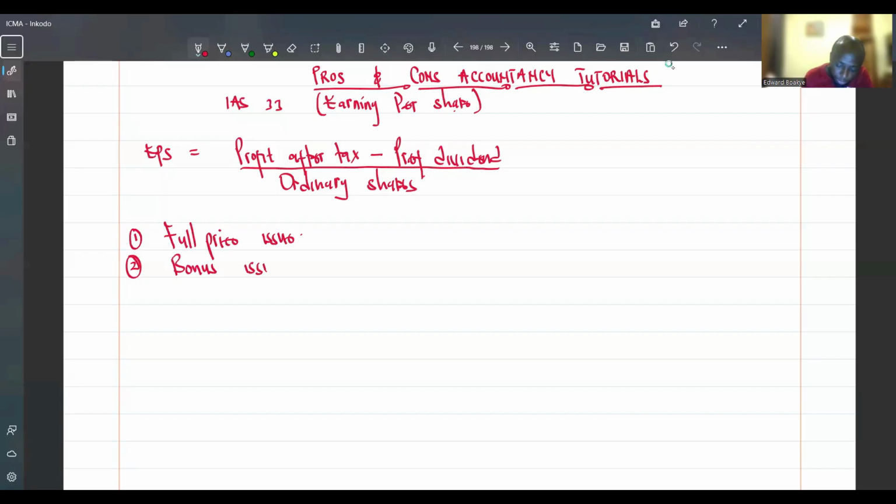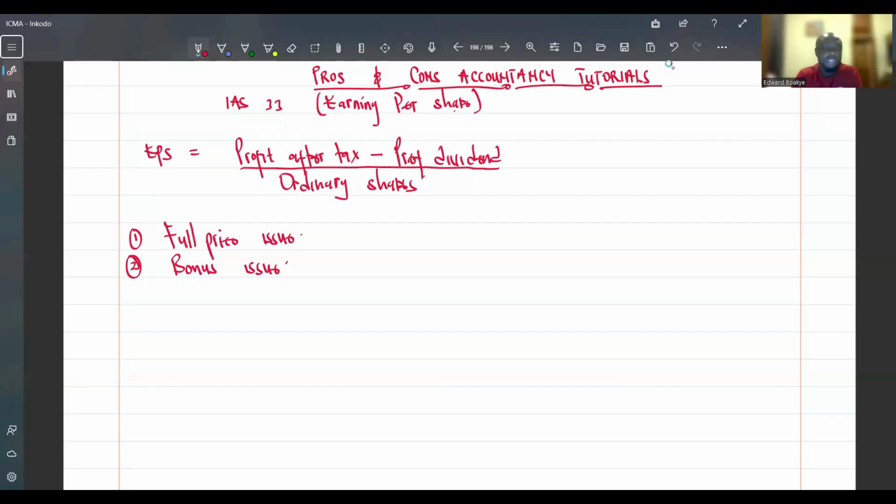Bonus issue. When we talk about bonus issue, we issue it out to our own staff. Let's say I have a company and I have a friend who is a staff. And I'll be like, no, Charlie, you've been in this company for long, so we want to attribute some of the shares that we have to you.